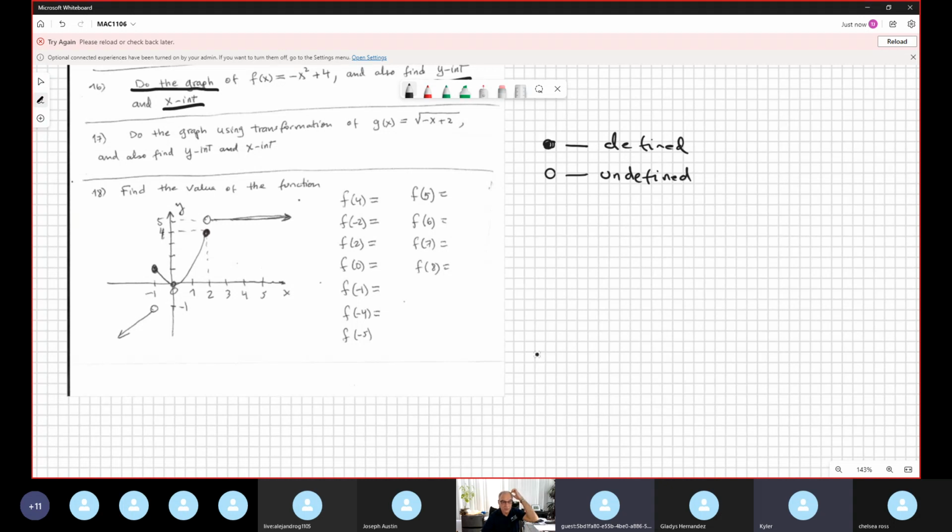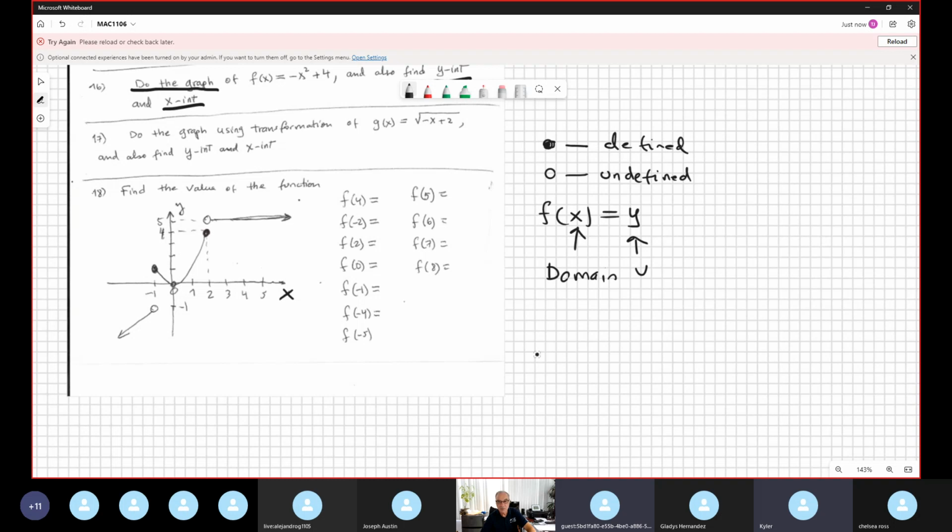So f of 4. Okay, 4. So f of x equals y. It's giving one value of the x domain you can find on the x-axis, and you go to the curve, and when you touch the curve, bang, you go to the y-axis and determine the value of y. This is the goal.